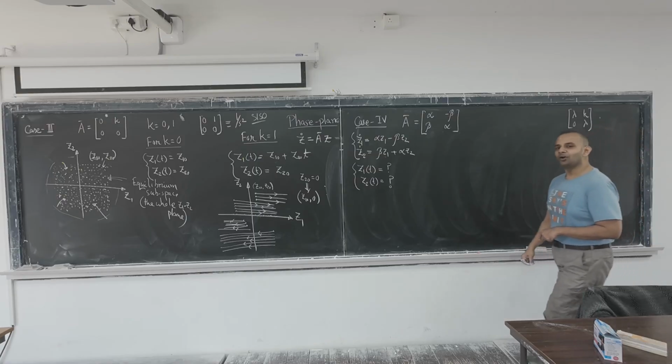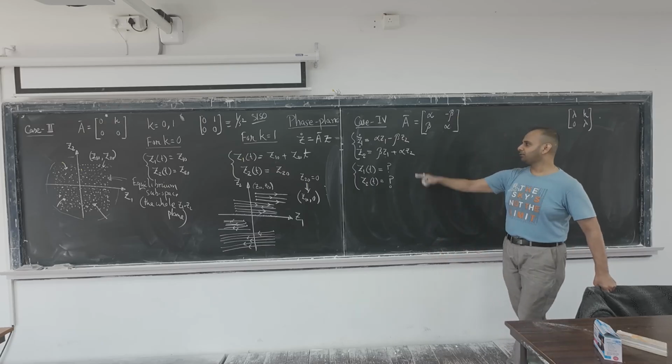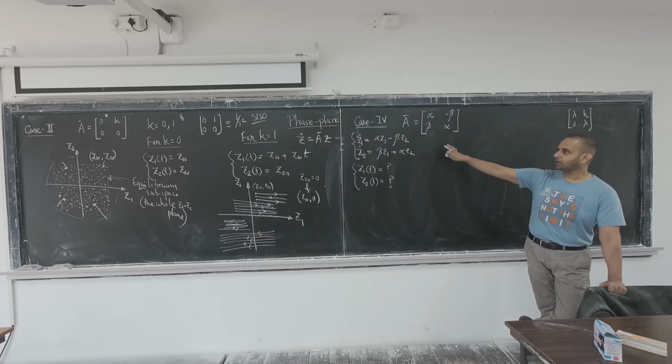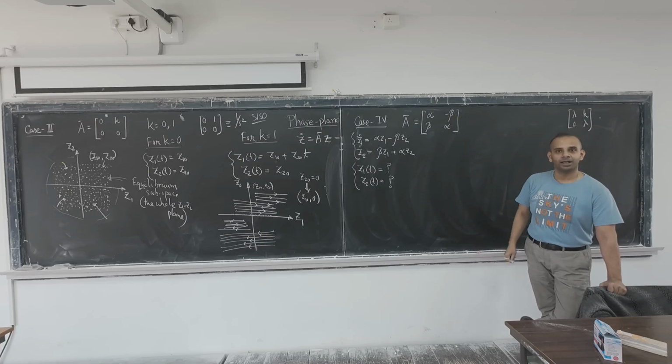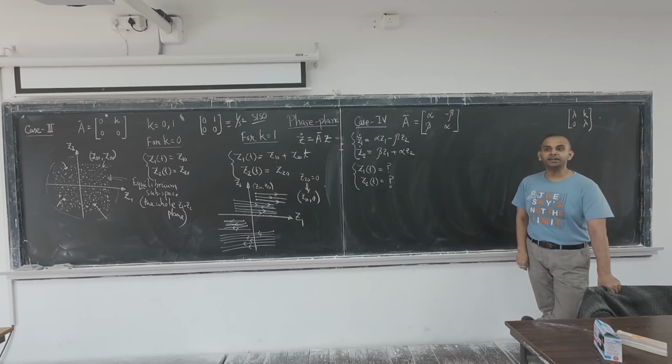Again, I am saying it is not at all impossible. We can check any book on differential equations and proceed to solve it. But since some more mathematical calculations would be required, the main motivation behind the phase plane analysis will be lost. So in this case, we are going to transform this coordinate. Still it is a Cartesian coordinate. We will convert it into polar coordinates, and then you will see that the equations become independent of each other.